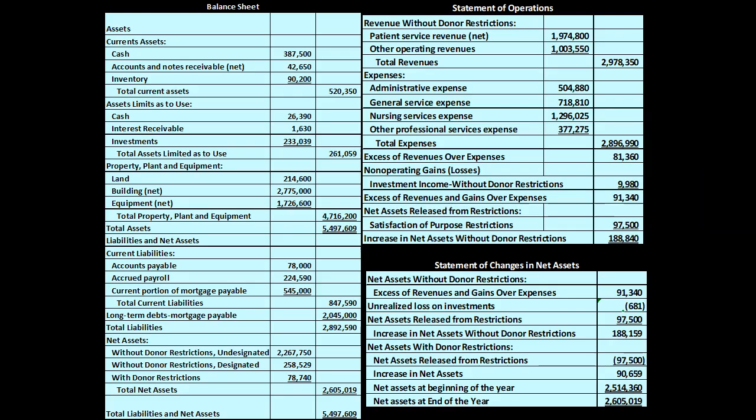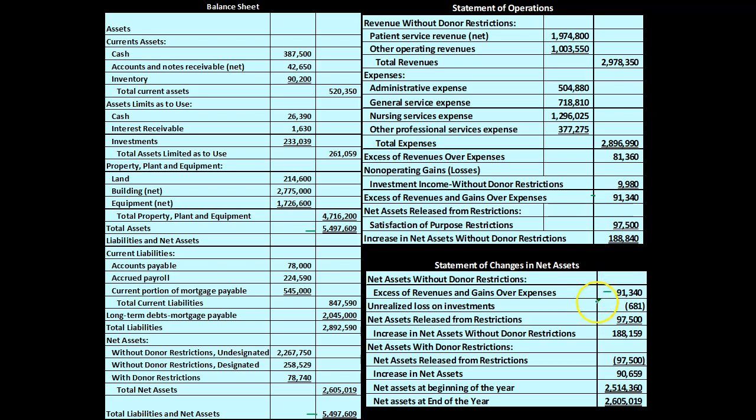So then if we have everything we have so far, this is our bottom line number we just got to, that should tie out to the balance sheet here. So if we were to consider what we have so far, we'd say, okay, is all this working? Well, we can see that the assets equal the liabilities plus the equity. We can see that the excess of revenue and gains over expenses is going to tie out to the excess of revenue and gains over expenses here.